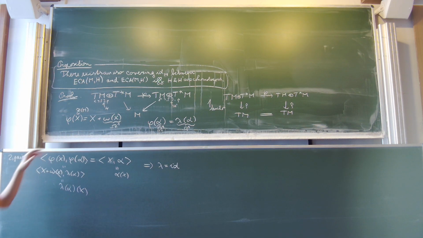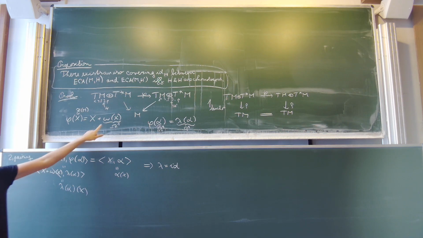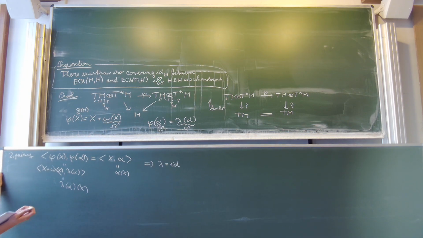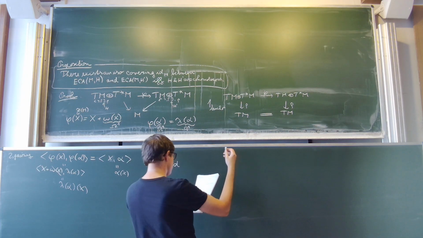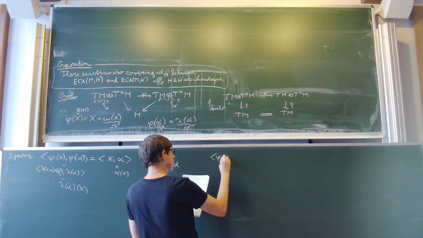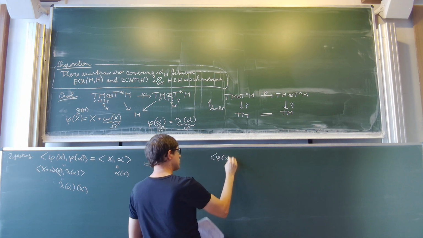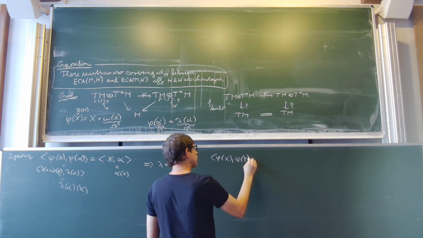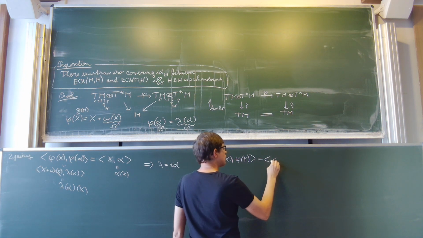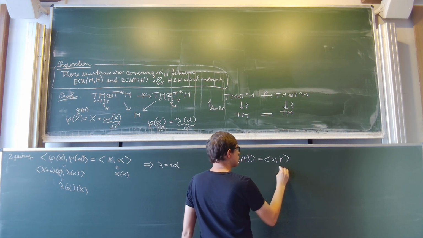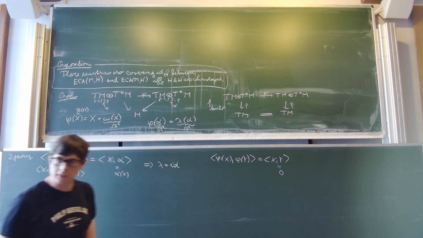So actually compatibility with the pairing and with the anchor tells you that the only freedom in choosing this map is that you need to specify this omega. But moreover, this omega cannot be anything, because if, for instance, you do phi x, phi y, this thing should be the same as x and y, which is 0, because the pairing of two vectors is 0.